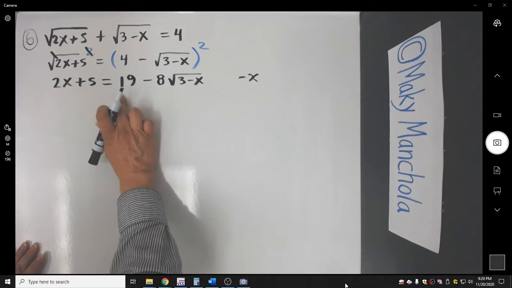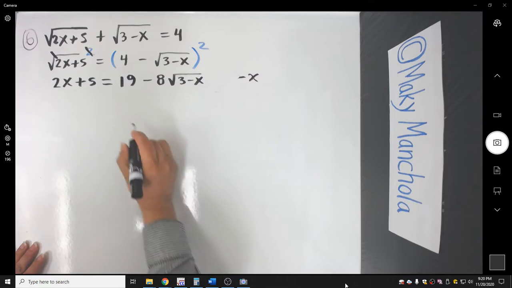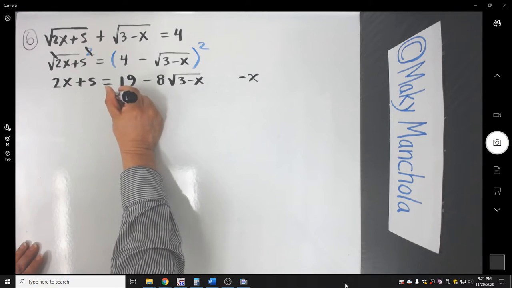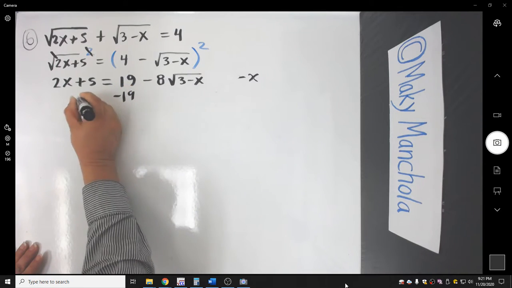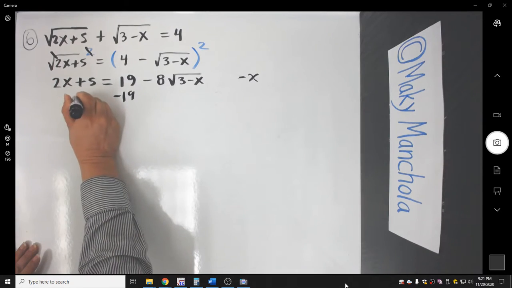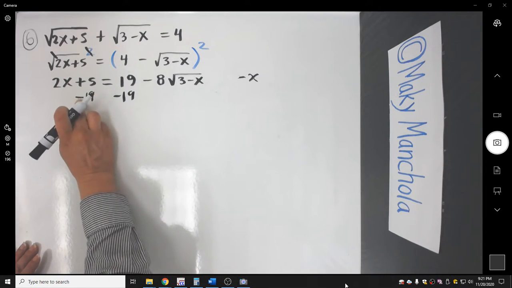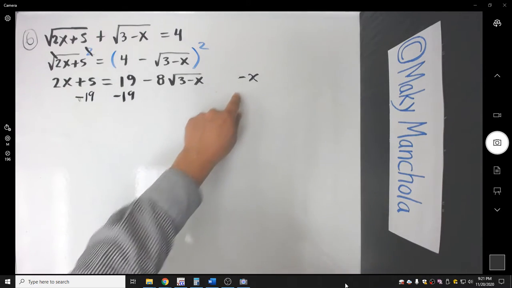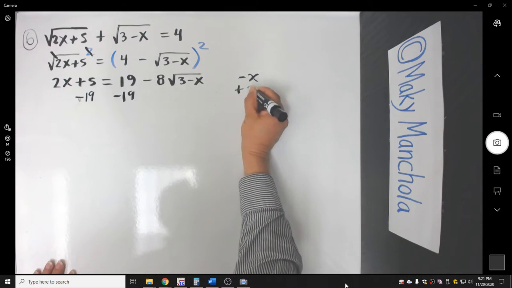So let's get rid of 19. Let's get rid of minus x. So to get rid of 19, subtract 19 on both sides. To get rid of minus x, add x on both sides.